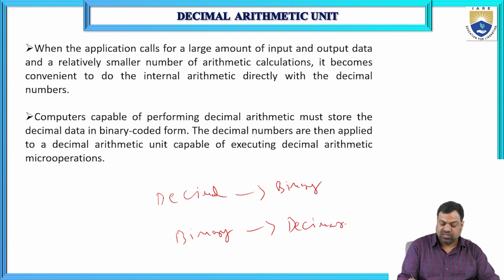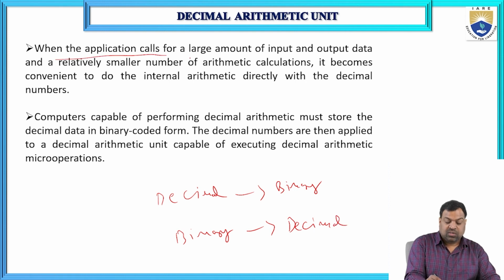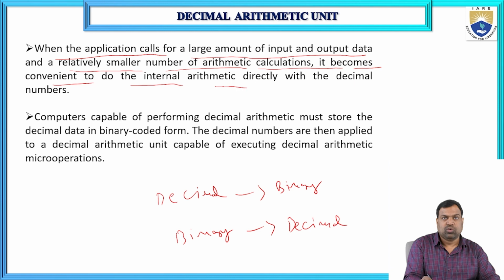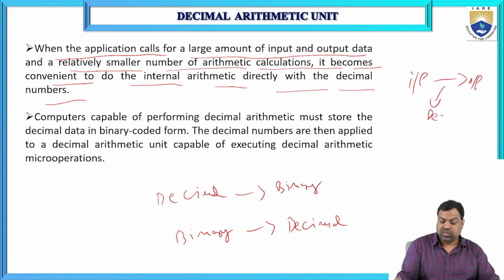What is the necessity? With a large amount of input and output data and a relatively smaller number of arithmetic calculations, it becomes convenient to do the internal arithmetic directly with the decimal numbers. So always, from input to output, we are going with decimal numbers.